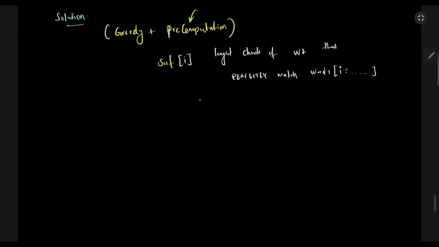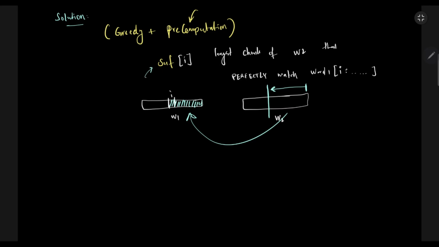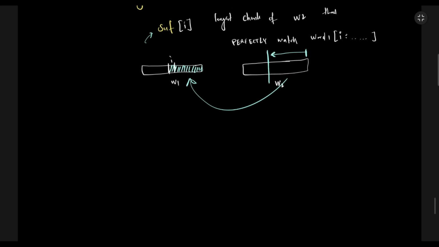That is, let's say we have word 1 over here and we have word 2 over here, and for a particular index I over here, we'll look into this part and check what is the maximum length from this side that is perfectly in this part, from I, that is suffix of I. All right, now we can do this in big O of n time complexity.